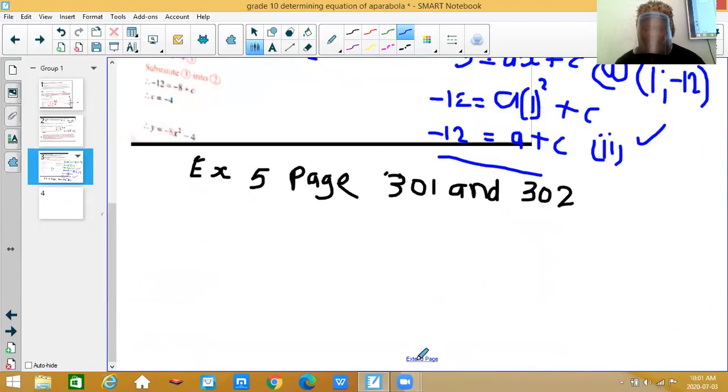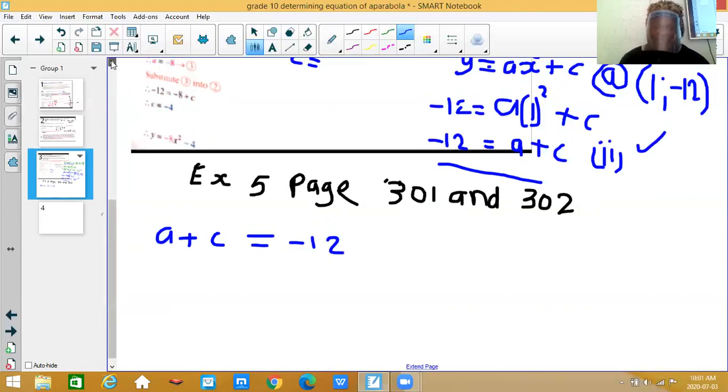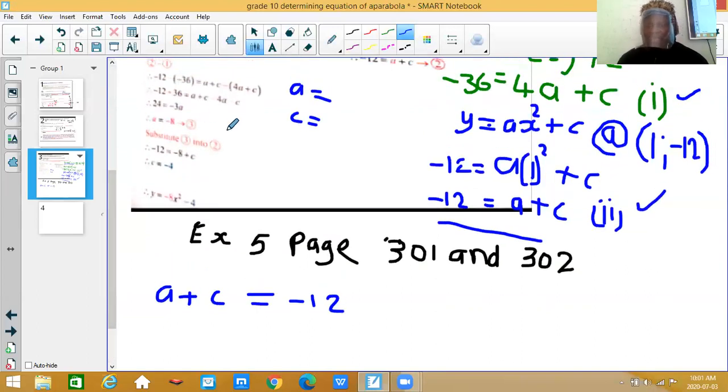The equations that we have, we've got A plus C, which is equation 2, is equal to negative 12. What was our first equation? Our first equation was 4A plus C, which gave us negative 36.